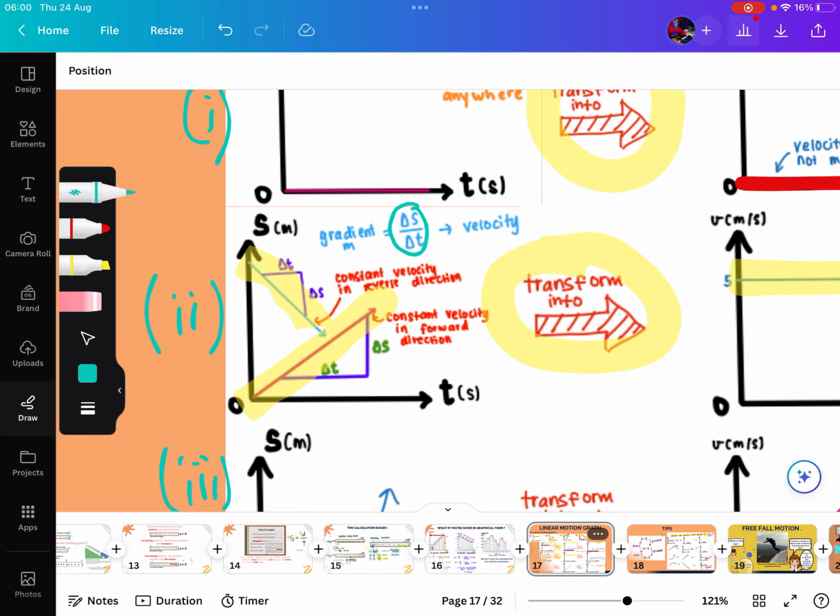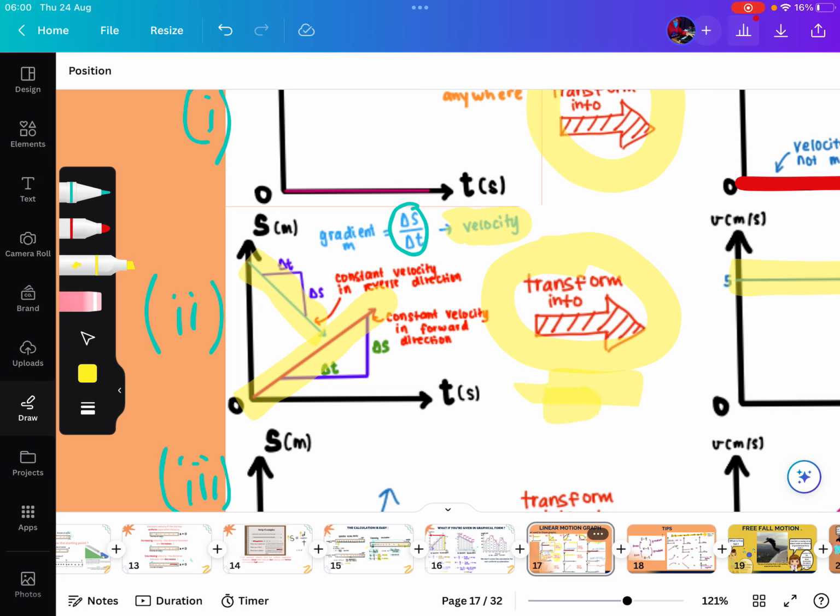The triangle symbol means change in. So the change in s divided by the change in t produces a gradient. The gradient is the same along every point of the line, which means the velocity is constant.